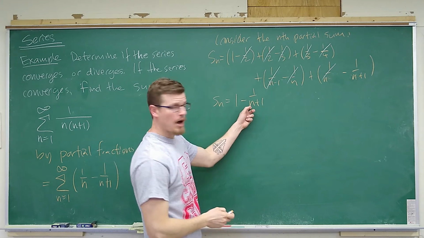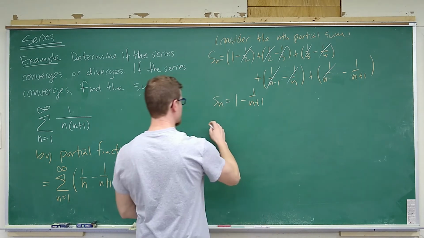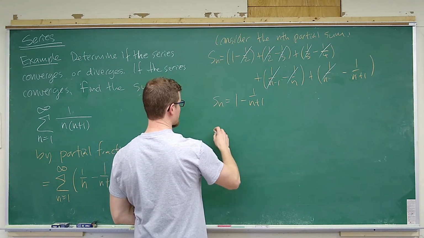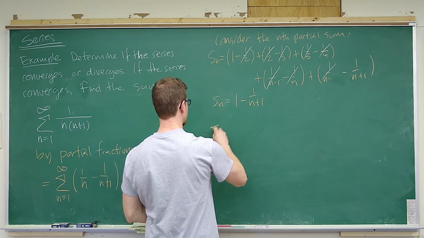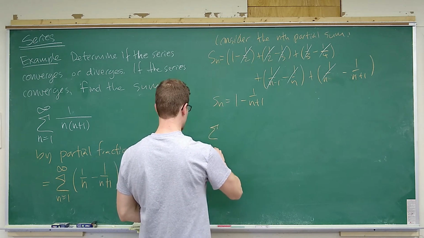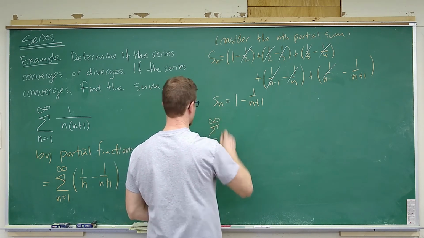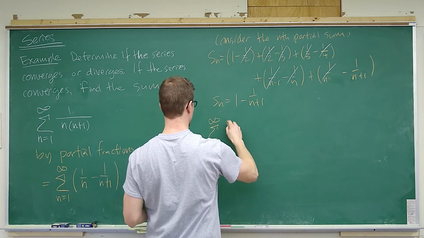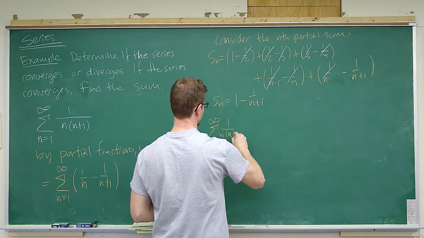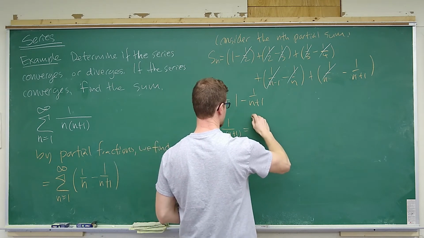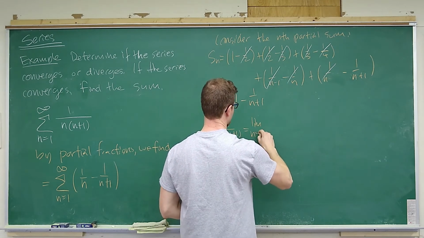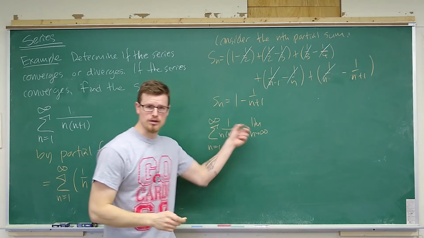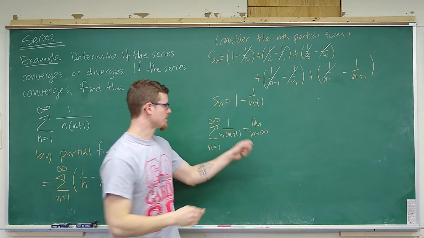So if this is our nth partial sum, then we can find the sum by taking the limit. The sum from n equals 1 to infinity of 1 over n times n plus 1 is equal to the limit as n goes to infinity. Again, the subscripts aren't referring to necessarily the same thing here.